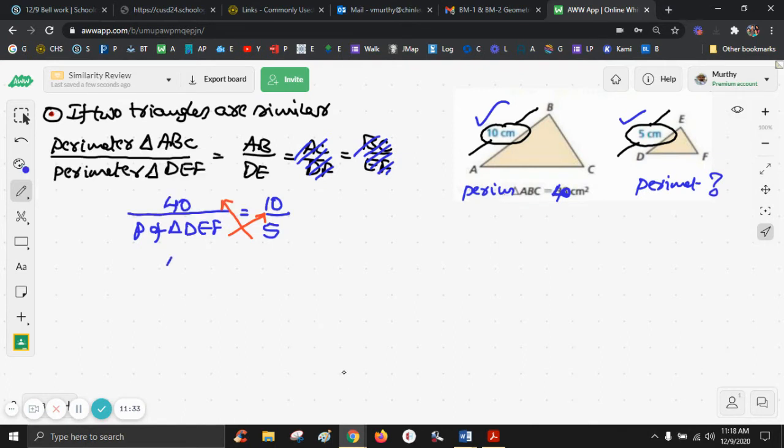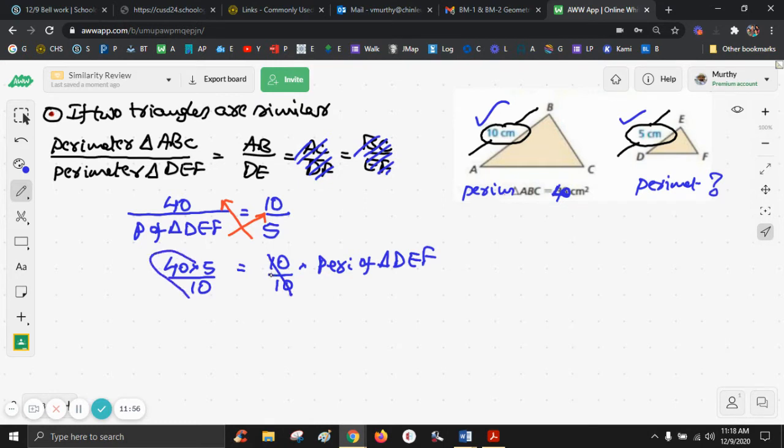Now here, 40 times 5 equals 10 times the perimeter of triangle DEF. Okay, you know how to isolate. Therefore, let me take division by 10 by inverse operation.